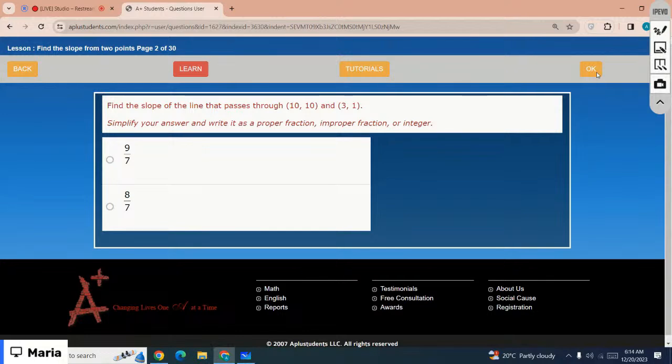Which is the correct option? The slope is 9 over 7. Option number 1 is the correct option.